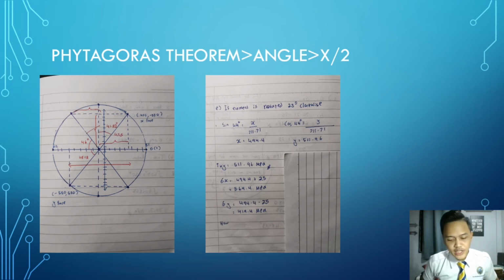For the last question, we calculate the new angle after rotation. We got 44 degrees. So we find x and y by using sin and cos. The value for y is the value for tau xy.